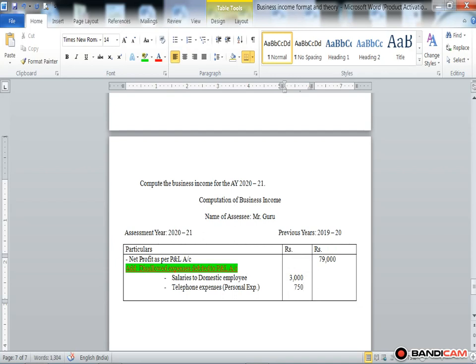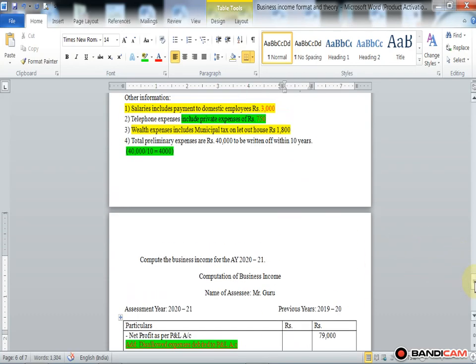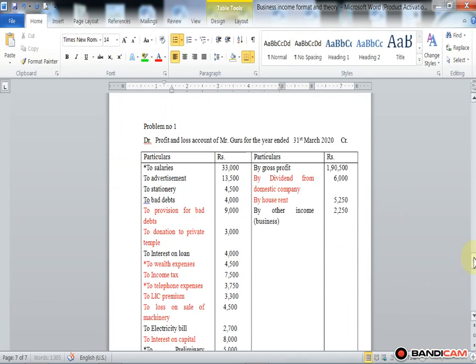Sorry, amounted to rupees 750. Then next adjustment, wealth expenses. So here salary is written down, so we make a star or any symbol in front of salary, that it is taken into consideration.